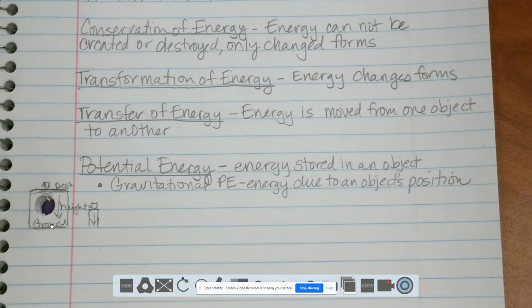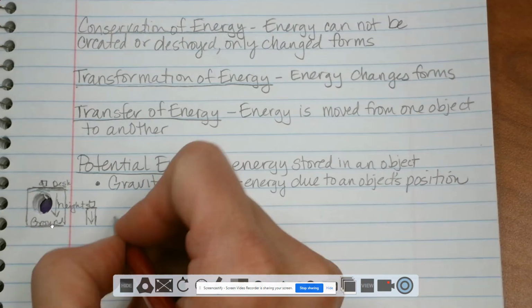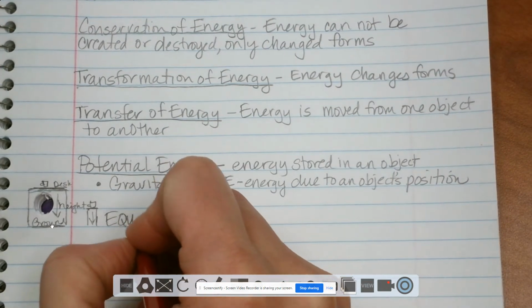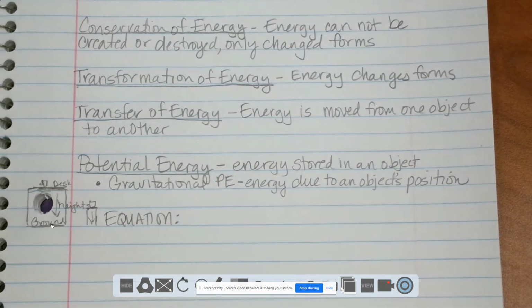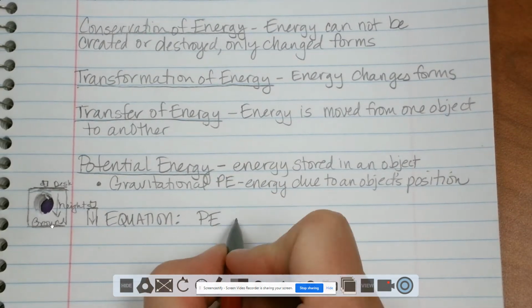All right, so gravitational potential energy is what we're going to use when we're talking math. Let's go ahead and do the equation. So again, we're going to use PE as the variable for potential energy.